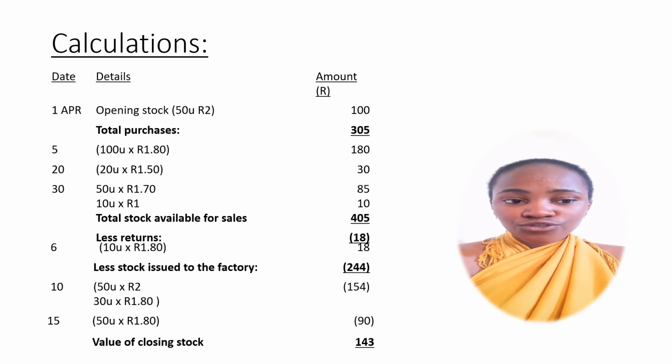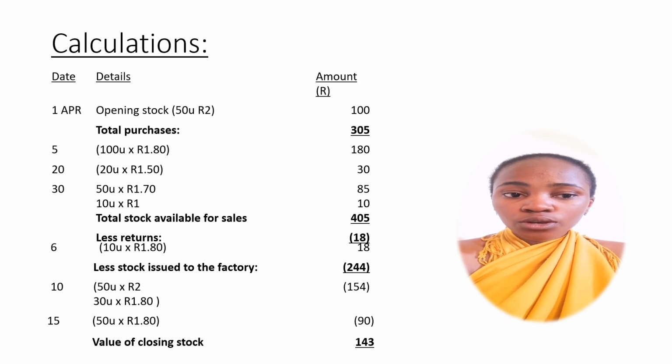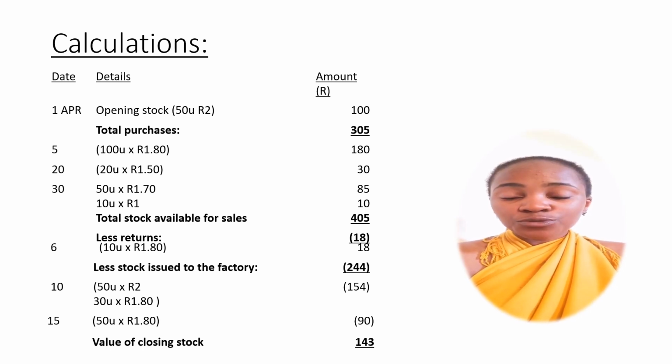The last transaction took place on the 15th, where we issued 50 units to the factory. Remember, from those 100 units we bought from the 5th of April, we are now left with how many units? We are now left with 70 units, right?